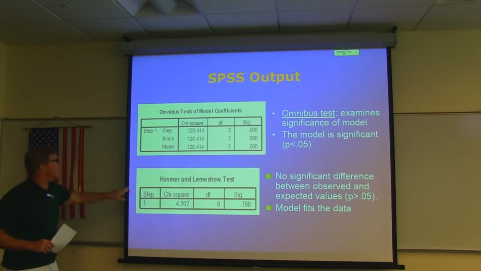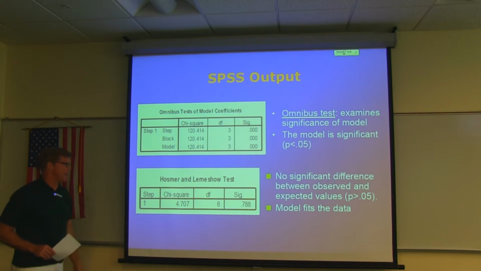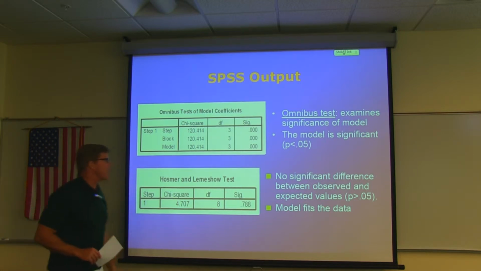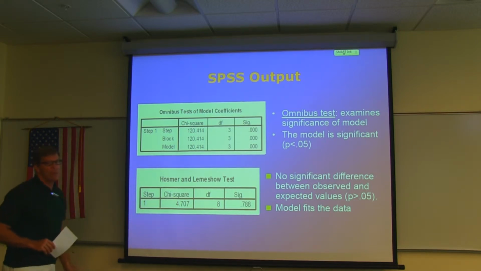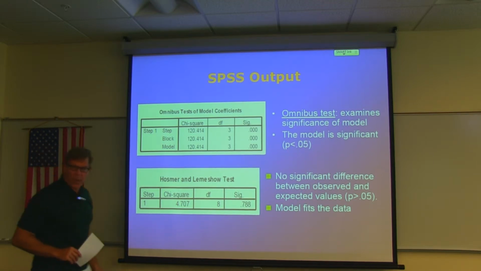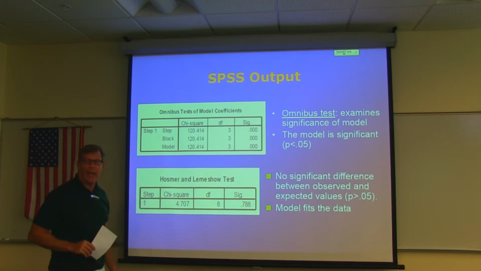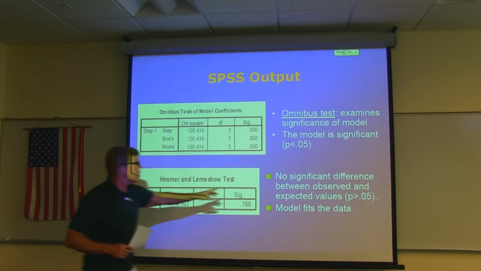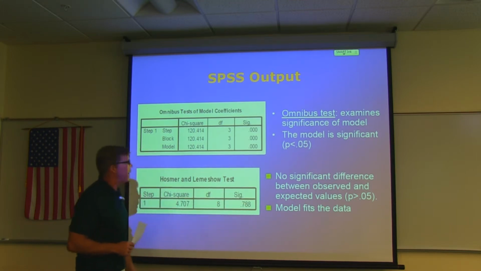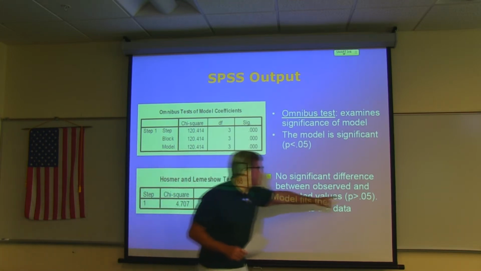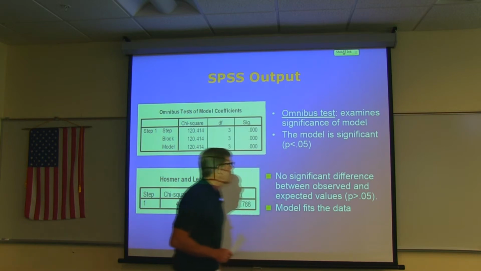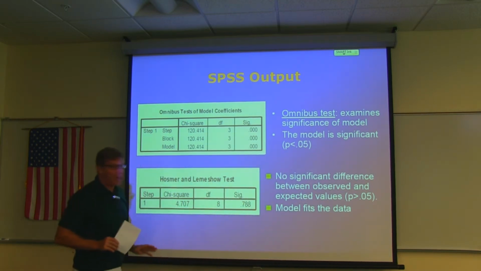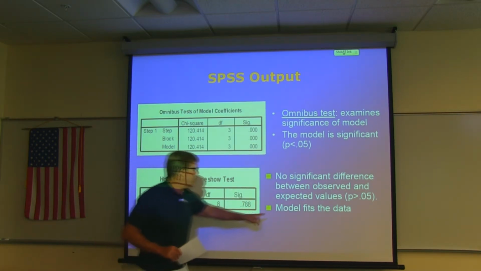Our second chi-square is called the Hosmer and Lemeshow test. This is a goodness of fit chi-square. We remember the null for the one-way chi-square. What does that imply? Fit, equality, all right? So we have no significant difference between the observed and expected values. P is non-significant. P is greater than alpha. What this is implying is that the model fits the data.